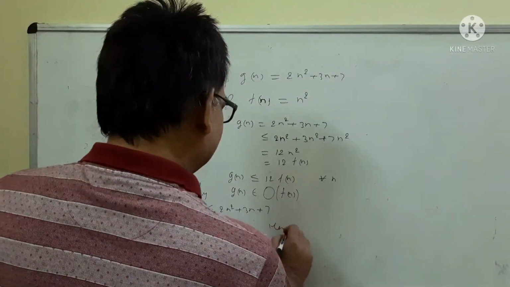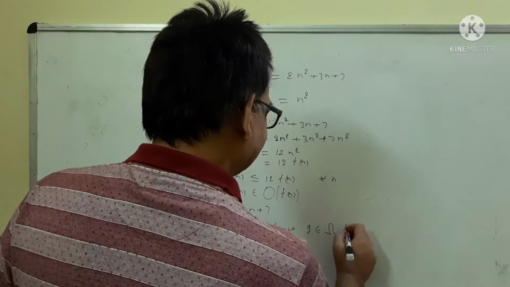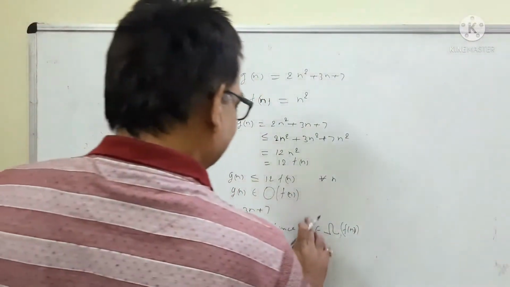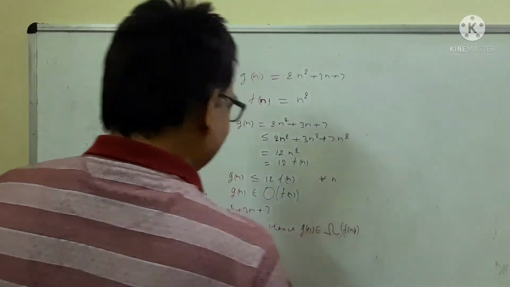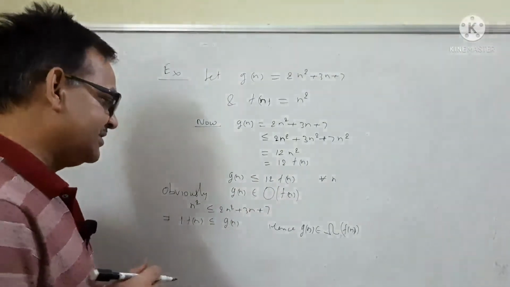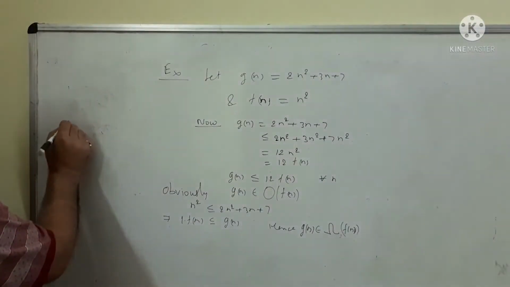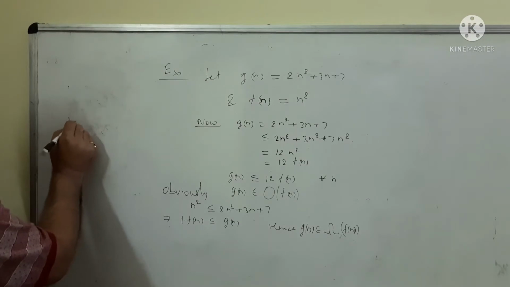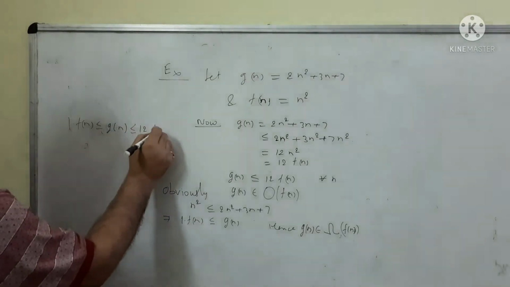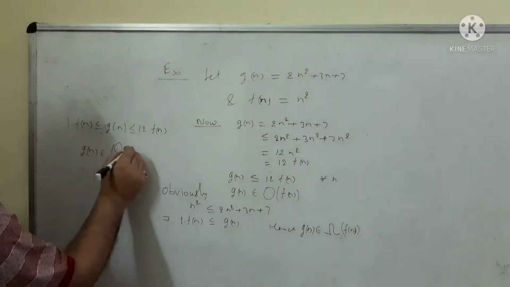Hence, by definition, Gn belongs to big omega Fn. So we have shown that Gn is in big O of Fn and the same Gn is in big omega of Fn. So in this case, we have two constants 1 and 12. The 1 times Fn less than or equal to Gn less than or equal to 12 Fn. So that is, by definition, Gn belongs to theta Fn.